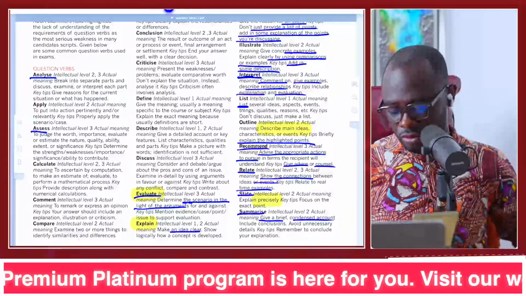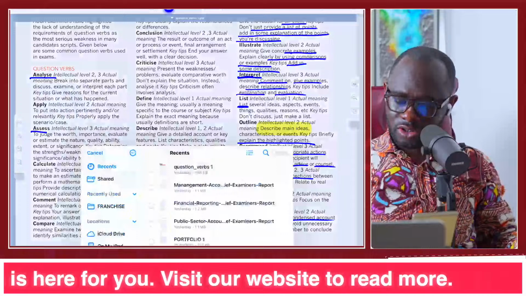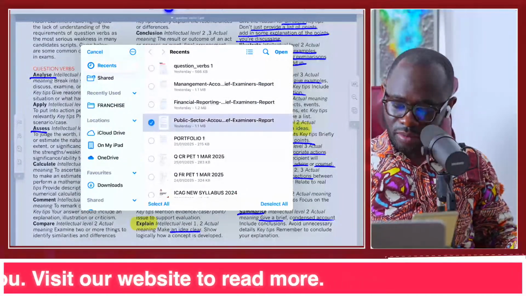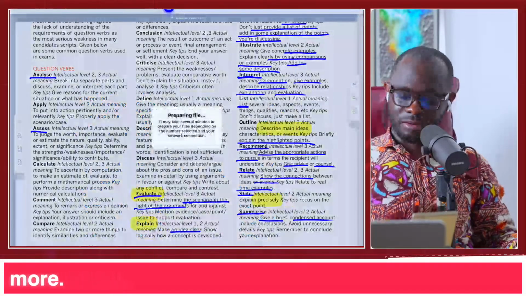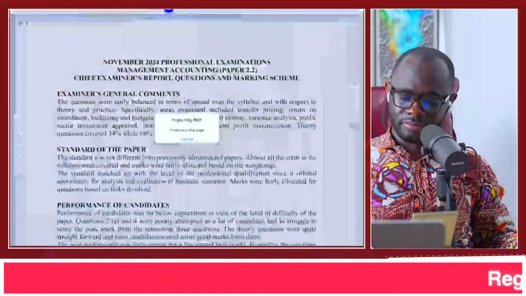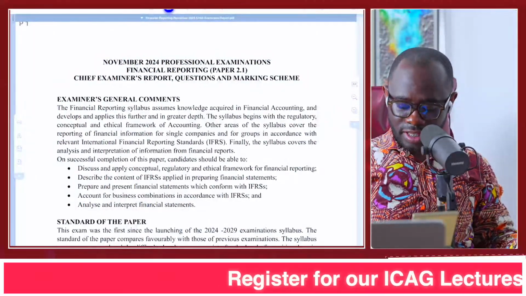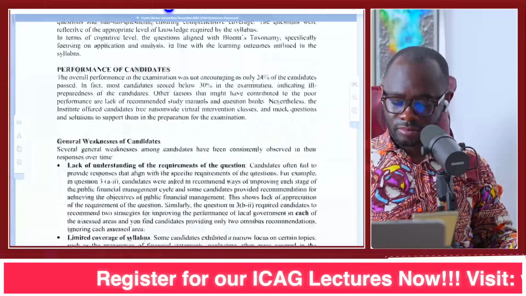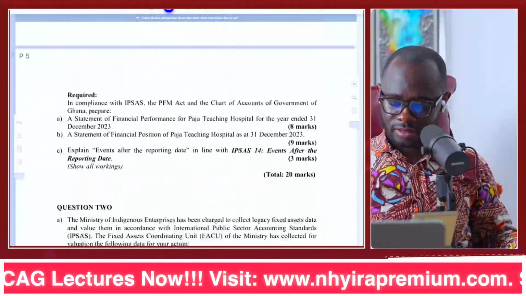So if you look at that carefully, you will realize that, for instance, if we take the public sector accounting and finance, let me bring that up real quick. So let's take public sector that we went through yesterday.